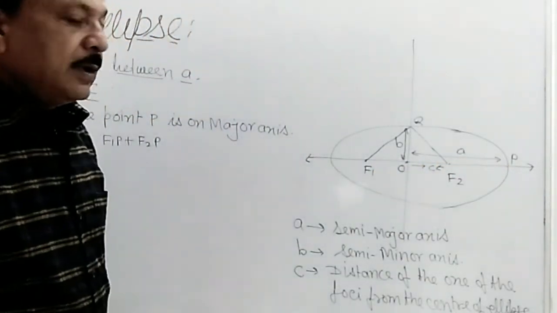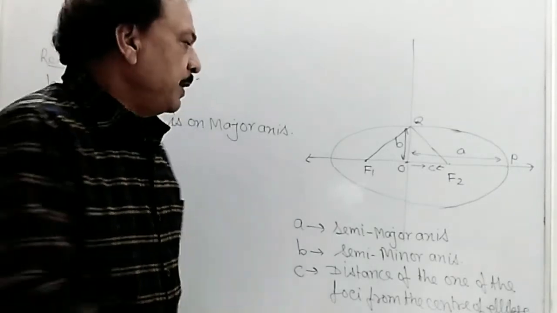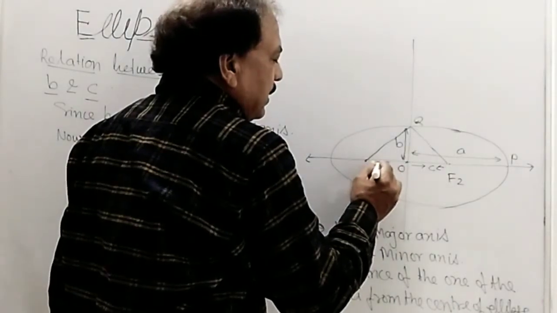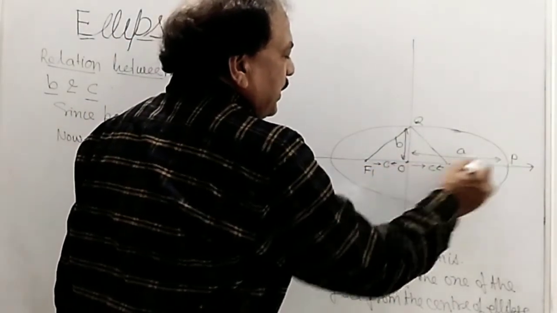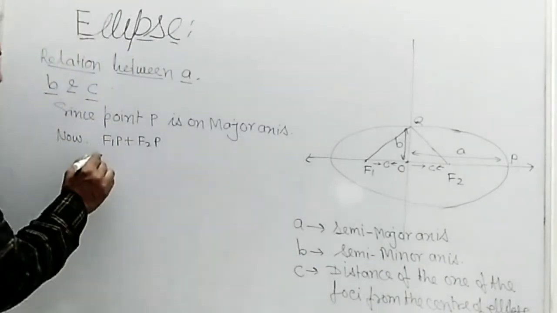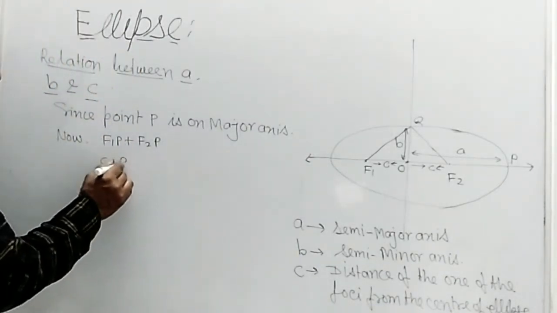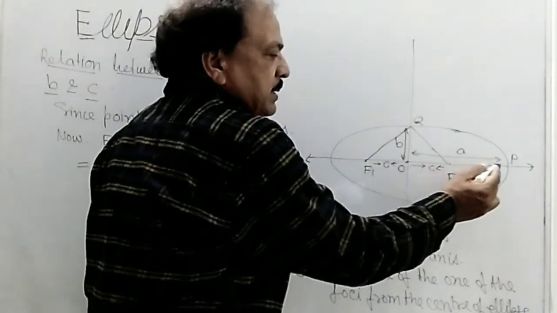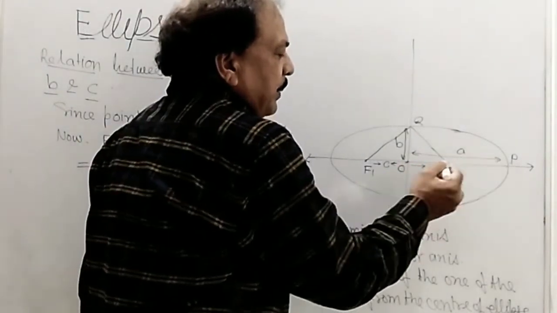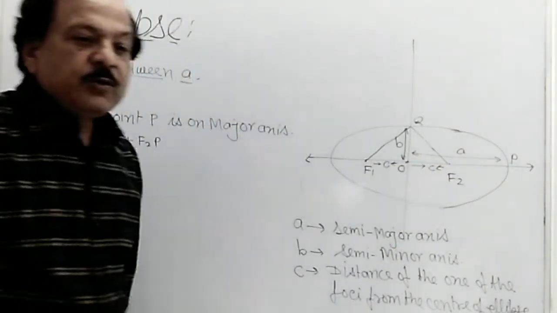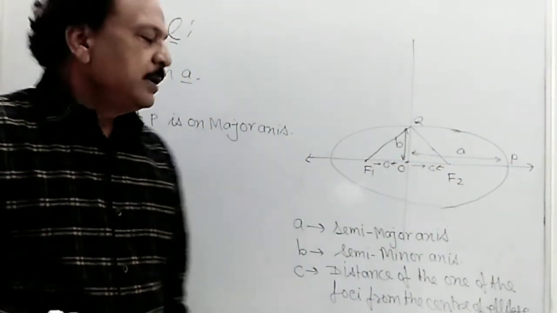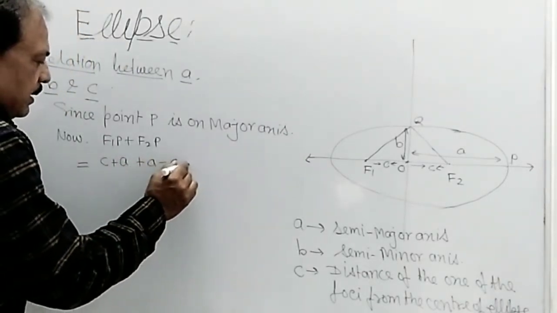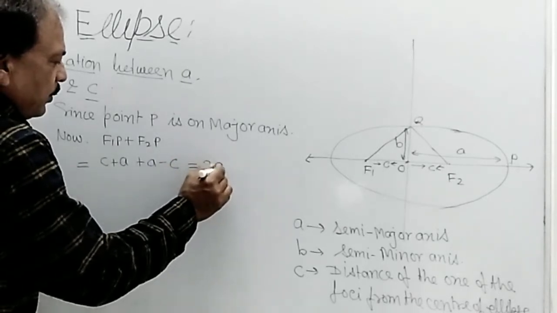A. तो F1P हमारा हो जाएगा C प्लस A. और F2P मीन्स OP माइनस OF2, तो कितना हो जाएगा? A माइनस C. तो यह विल बी इक्वल टू 2A.